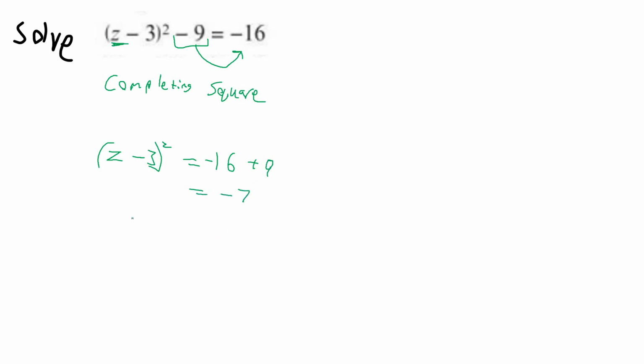And so now what we can do is square root it. So z minus 3 is equal to plus minus the square root of minus 7. Remember from the first exercise, the square root of minus 7 is the same as root 7 times root minus 1, which is equal to root 7 i.